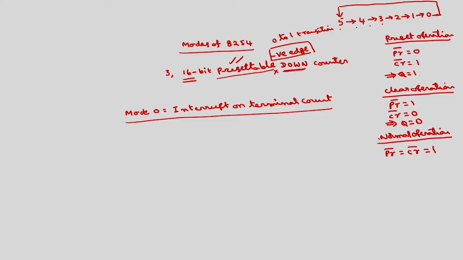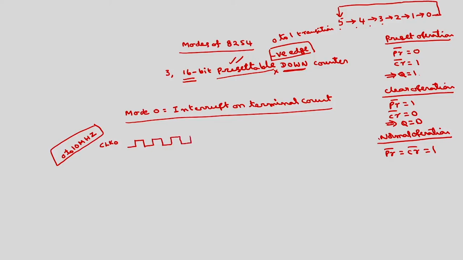We know that this 8254 has different signals like clock. Suppose I want to use counter 0, so you have to use clock 0. I am taking this square wave. The clock of the 8254 can operate from DC to 10 megahertz, depending upon the application.